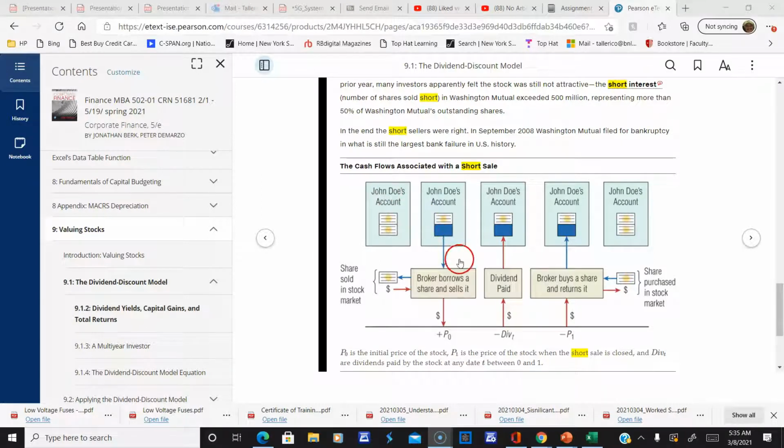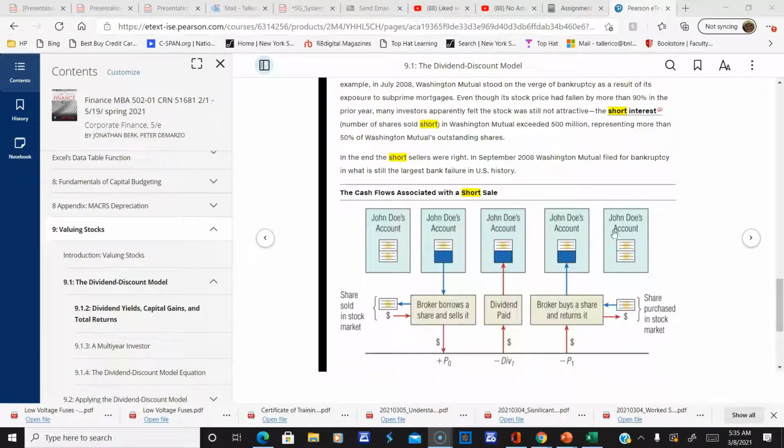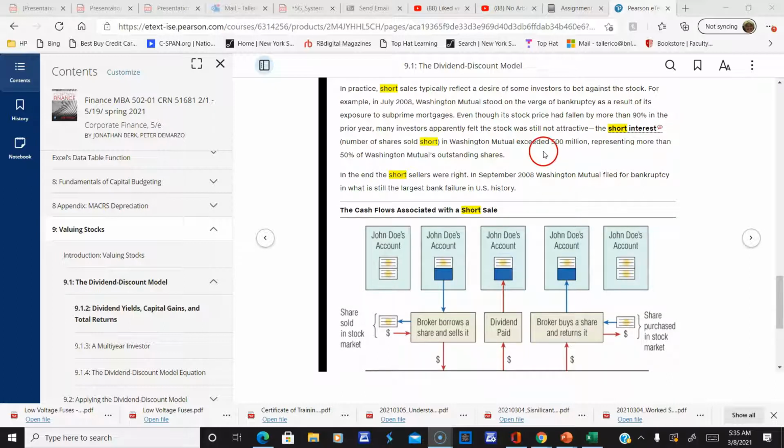And you can see the broker borrows a share and sells it, and basically he's borrowing it from John Doe's account, I believe. And basically the dividend is paid, and the broker buys a share and returns it, and he credits John Doe's account. All right. And there's a little blurb here about short sellers and everything.